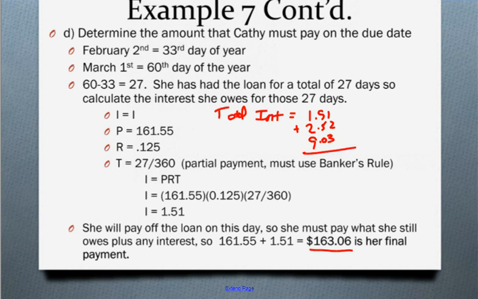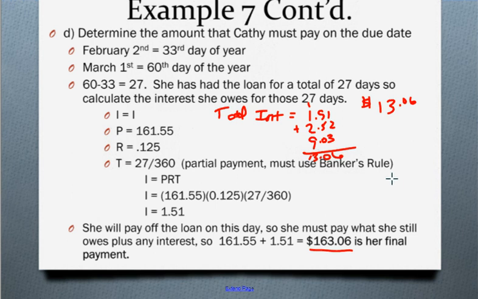And you could add all of those up. $13.06 is her amount of interest.